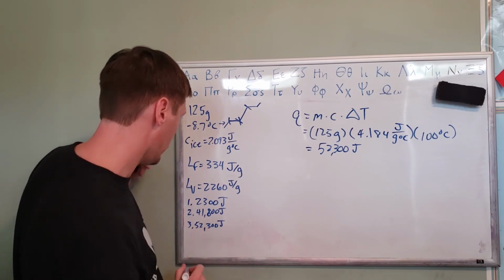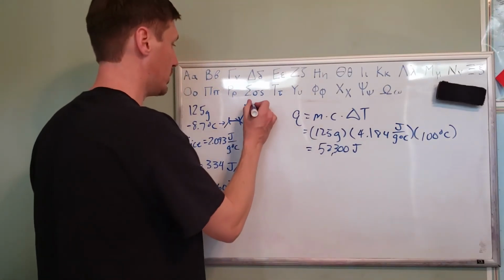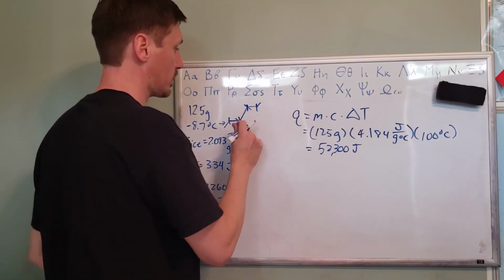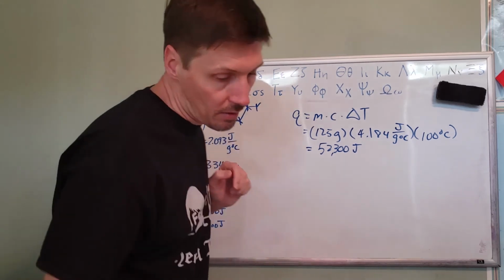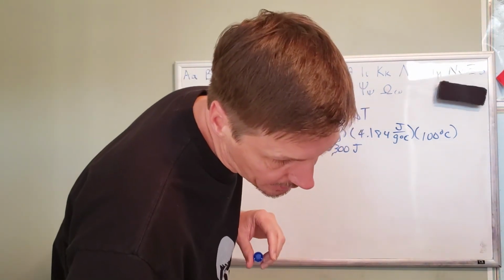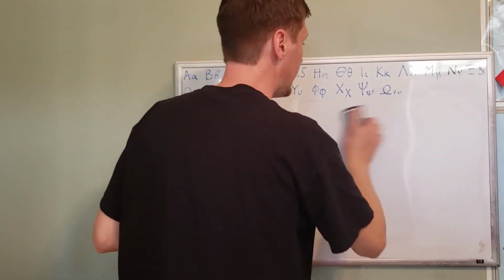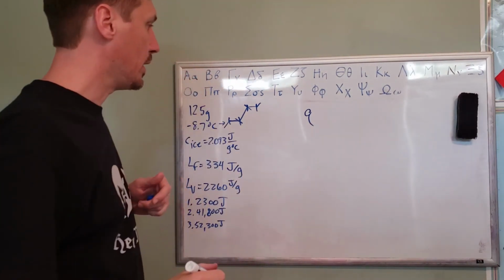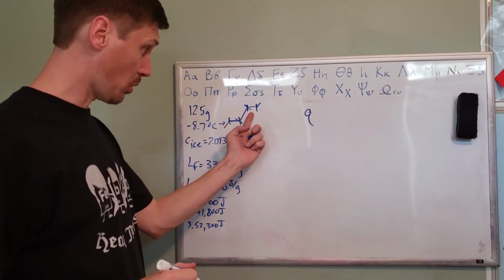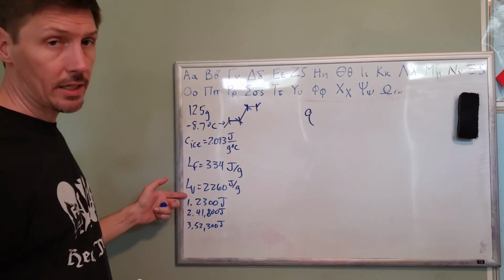So we're going to write that down. 52,300 joules, all right? And so now we've got our last little portion here, which is really just this, because we just need to know what happens right here. And at that point, it's going to be in our vapor phase, the gas phase. So we're going to use the new equation that we learned for latent heat. But this time, we're interested in the latent heat of vaporization.